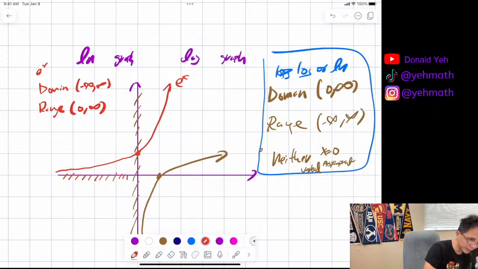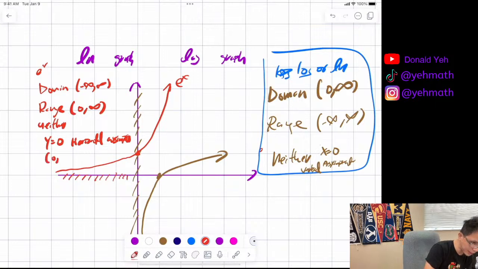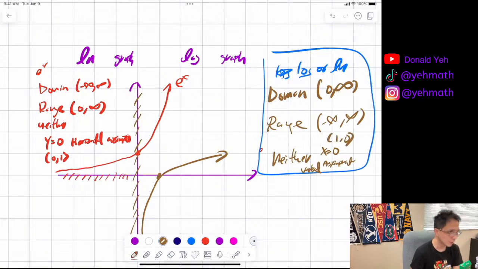So this is also neither odd nor even. Where is the asymptote? At y equal to 0, so it's a horizontal asymptote. And the anchor point is at 0, 1. The anchor point of the other one is going to be where? 1, 0. So basically, those are the things we use for transformation.